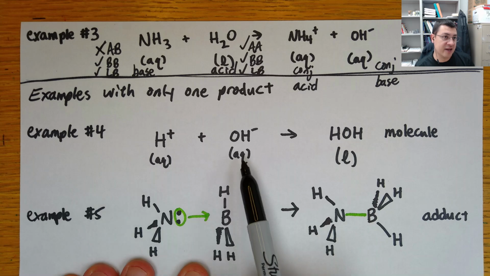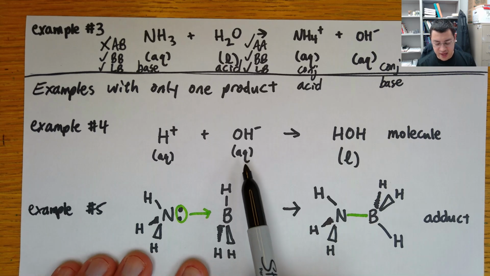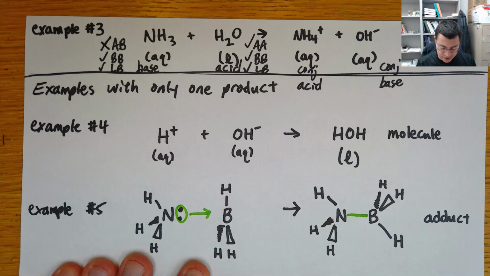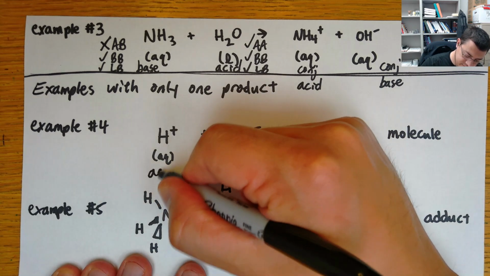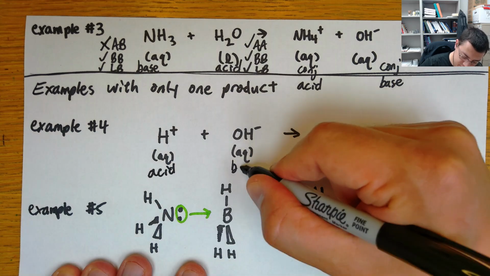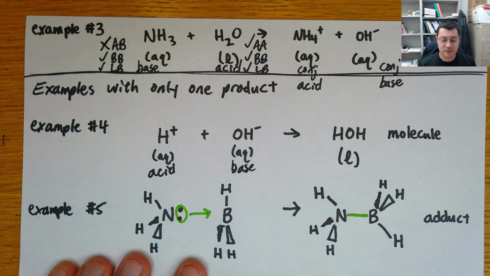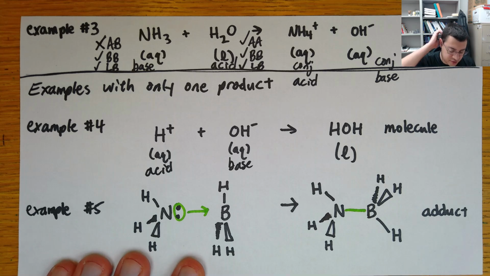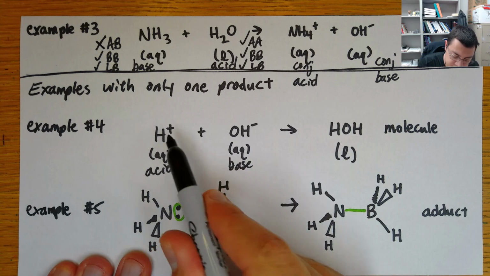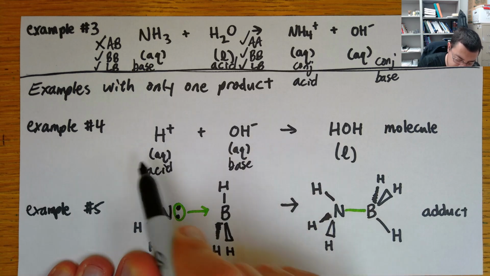Without looking at spectator ions, there's only one product to look at. This is an acid. This is a base, and you just get one molecule. Okay, no conjugates there. All right, this would be Arrhenius, Bronsted, and Lewis for both of them.